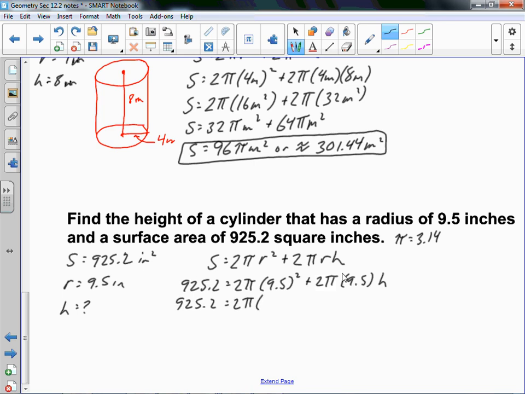It'll be 2 pi times 90.25, we square that, plus 2 pi times 9.5 times h. That'll be 180.5 pi plus 19 pi times h.